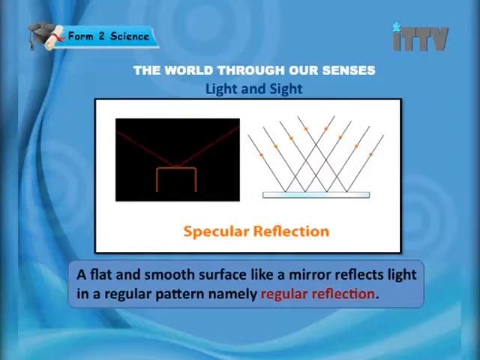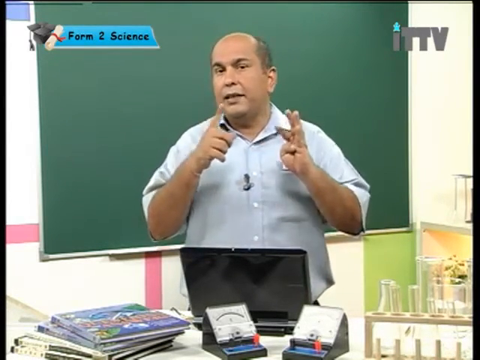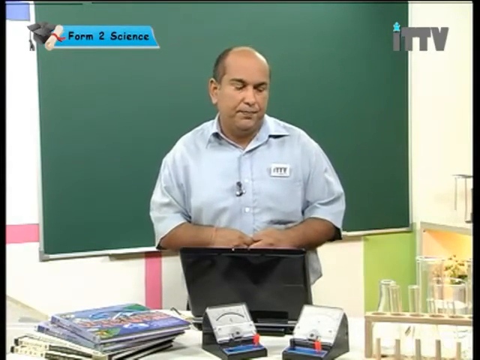A flat and smooth surface, like a mirror, reflects light in a regular pattern, namely regular reflection. So, if you have a flat surface and that it's smooth, these are the perfect conditions for reflection.